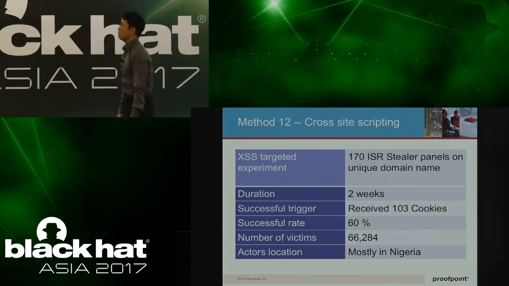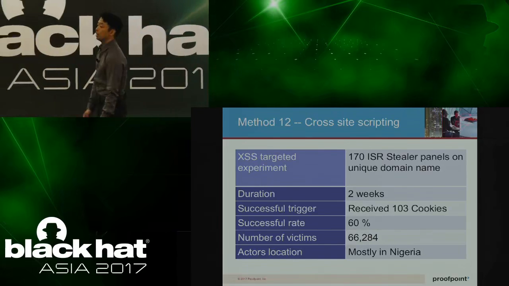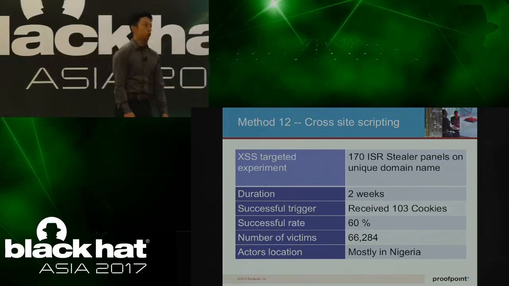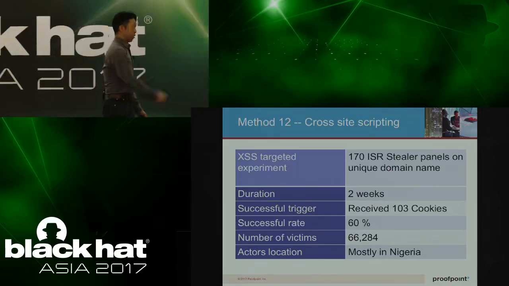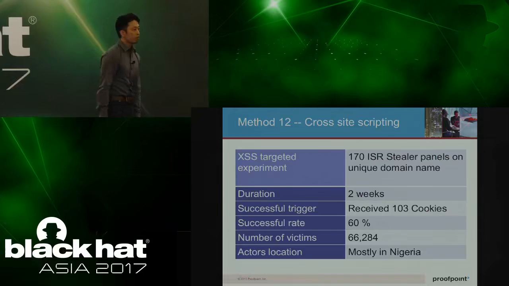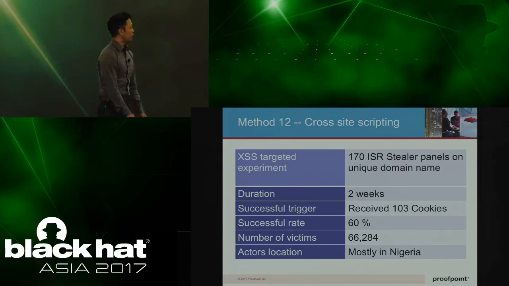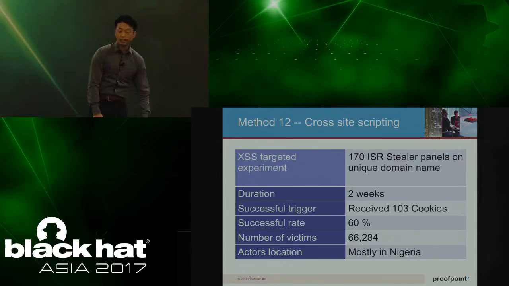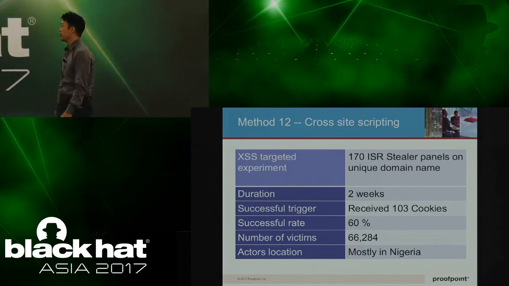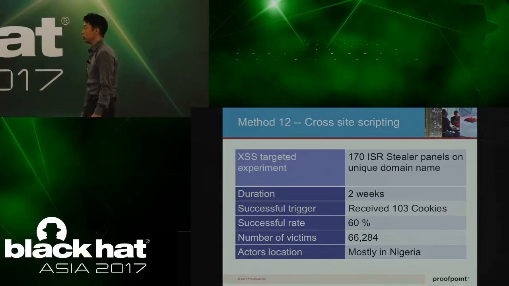We received 103 cookies that allowed us to successfully authenticate into their control panel. So the success rate was 60% over the 2 weeks. That was pretty high. And by looking at the data, we saw that 66,000 victims have had their data stolen by this group. They're also mostly in Nigeria.